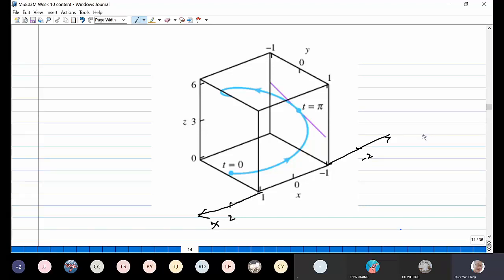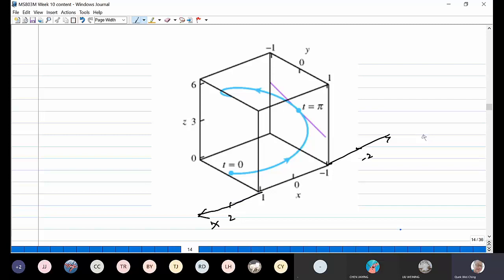And then the y-axis is in which direction? You can show it here.